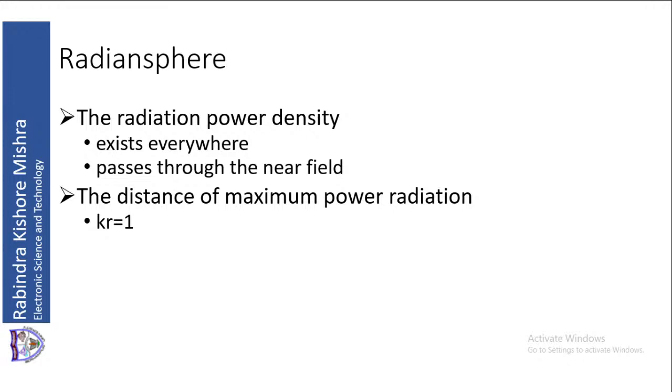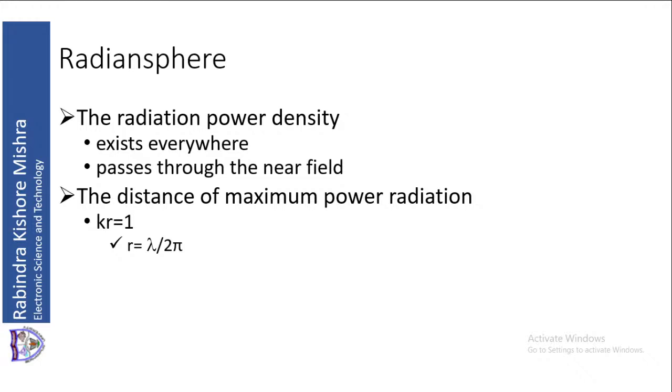From that point onward, the far field will dominate. So at that point, kR is equal to 1. kR equal to 1 means R is equal to 1/k. k is equal to 2 pi/lambda, so R is equal to lambda/2 pi.